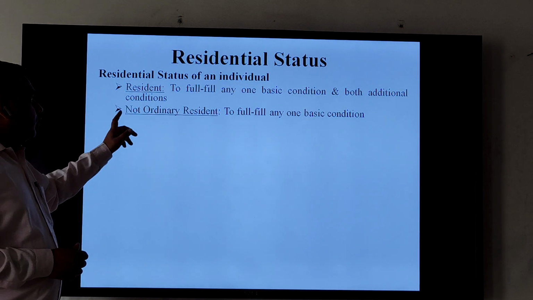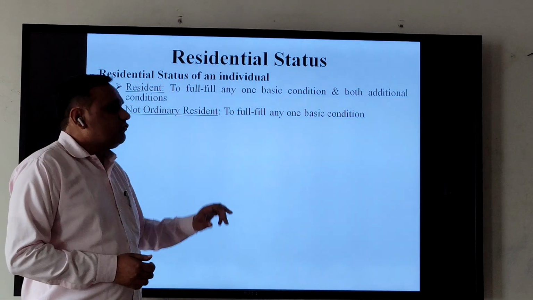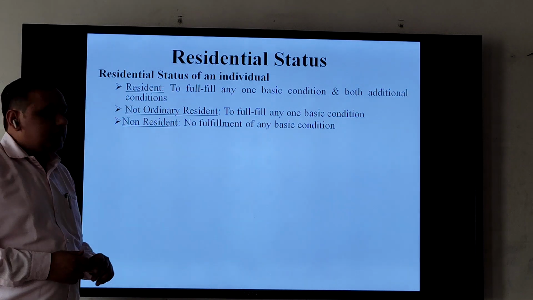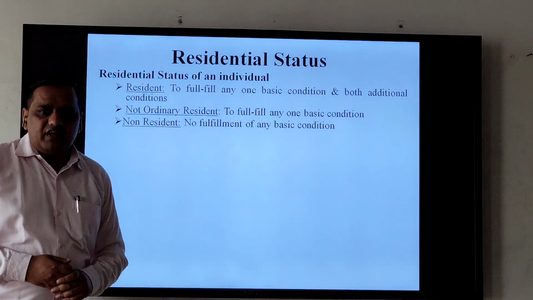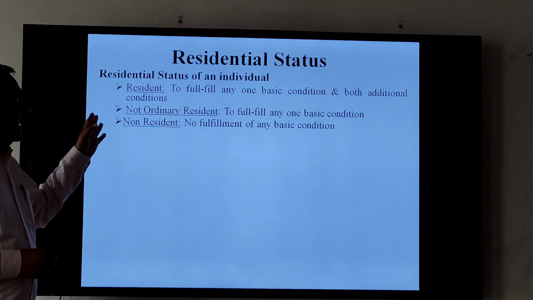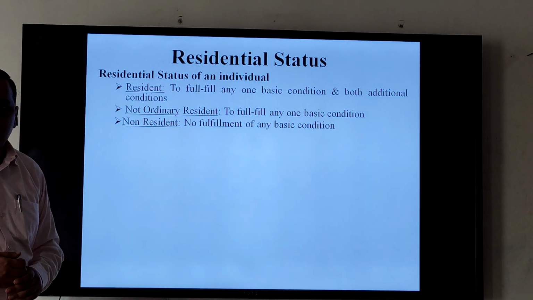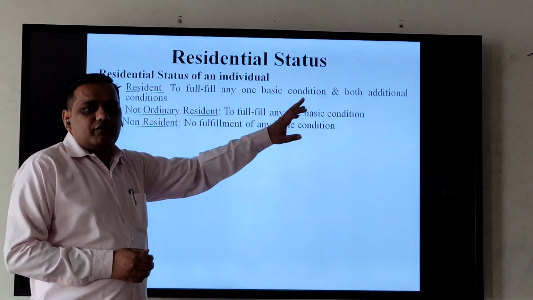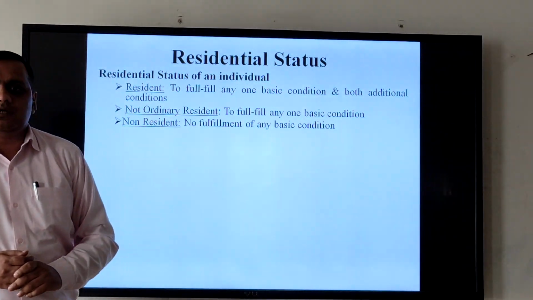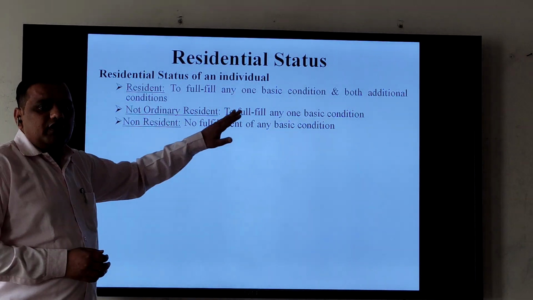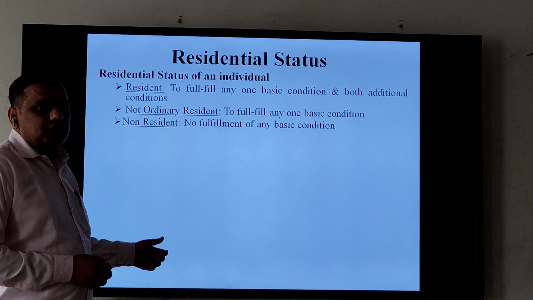For being not ordinary resident, he needs to fulfill any one basic condition, and in case of non-resident, no fulfillment of any basic condition. If any person is fulfilling any one basic condition and both additional conditions, then he is resident. If he fulfills only one basic condition and no additional condition, he is not ordinary resident. And if he is unable to fulfill any of the basic conditions, he is non-resident.